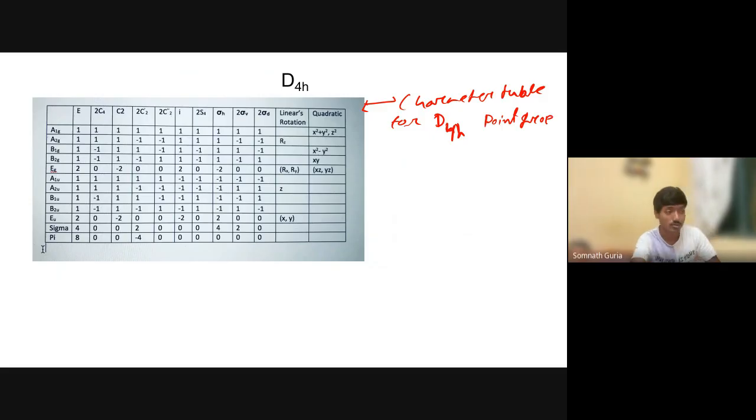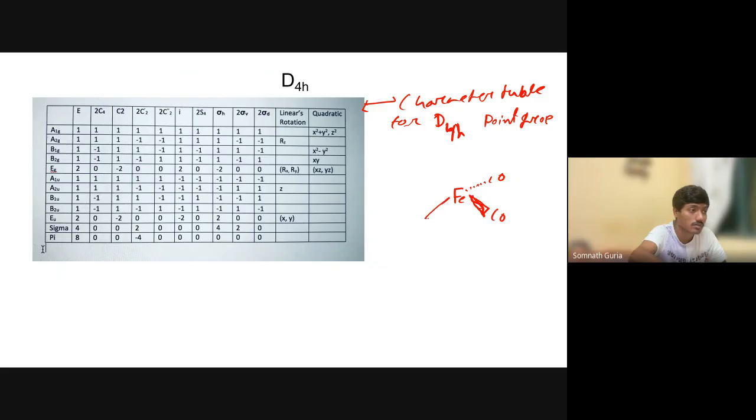So can we suggest the molecule? Yes, we can suggest one example of this point group: iron tetracarbonyl chloride, Fe, where all the CO are in trans position, trans Fe(CO)4Cl2.